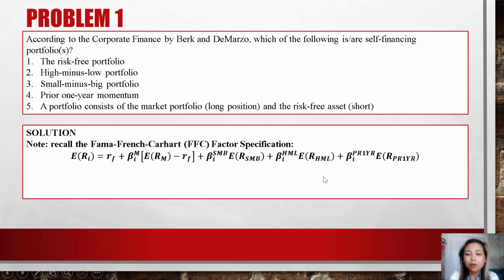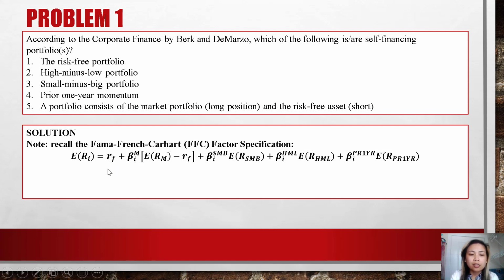Now we have three more factors. We have SMB, small minus big, HML is the high minus low, and PR1YR is the prior 1-year momentum factor. And on the Fama-French-Carhart FFC factor specification here, we got Rf is the only portfolio that doesn't have beta.